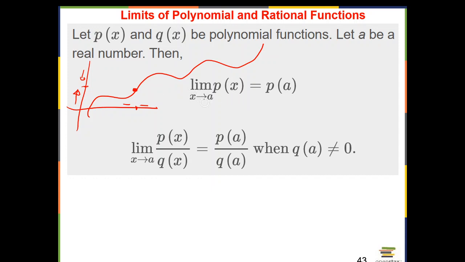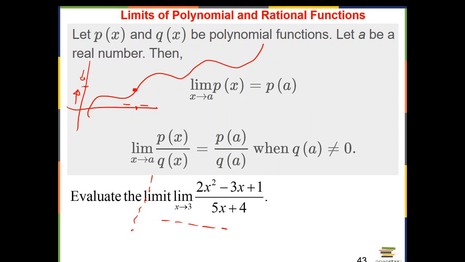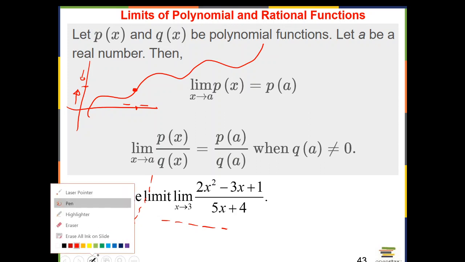So you just substitute. Rational functions do have vertical asymptotes, horizontal asymptotes, and all that. But if you're within the domain of the rational function, the answer by substitution is the function value at that number. So that makes it easy to find the limit of polynomial and rational functions.